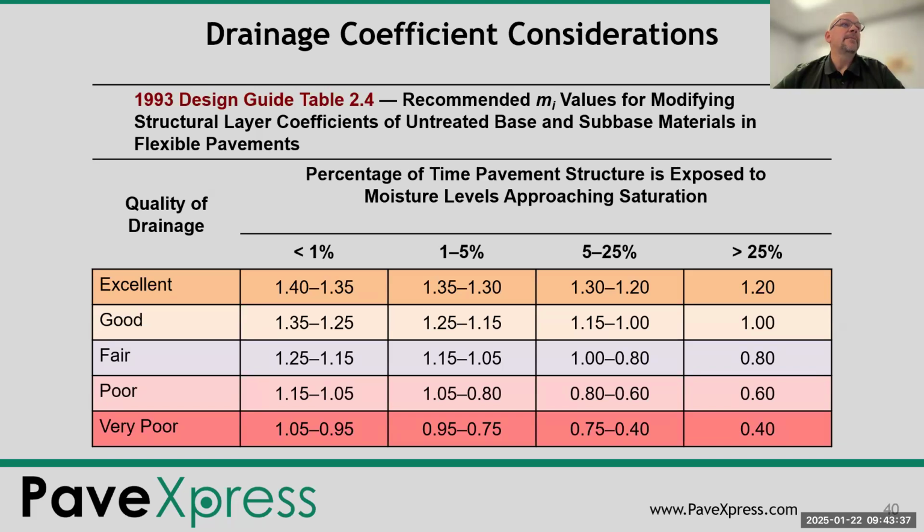So these are recommended values for modifying structural layer coefficients of untreated base and sub-base materials for flexible pavements. You can see for very poor quality soils, you can get all the way down to 0.4 if it's saturated more than 25% of the time and it doesn't drain very well. So changing those drainage coefficients can have a big effect.